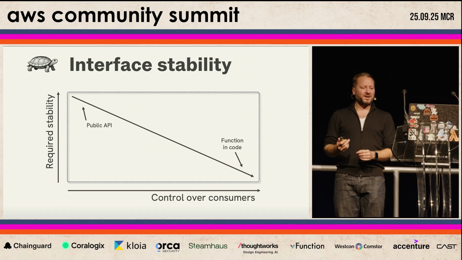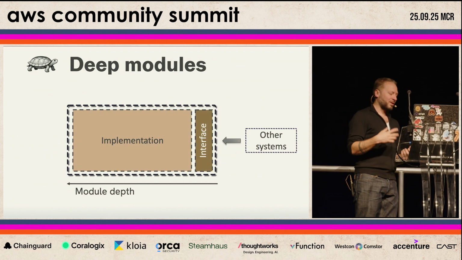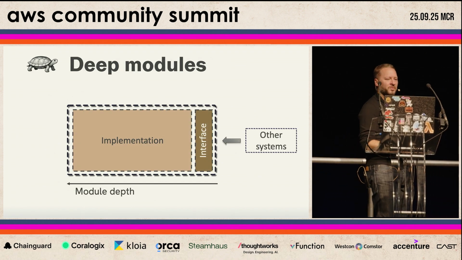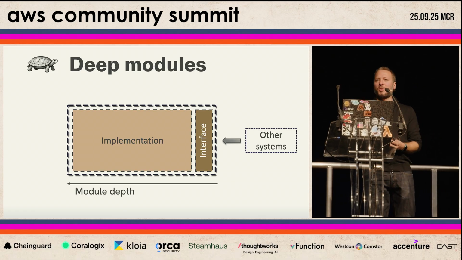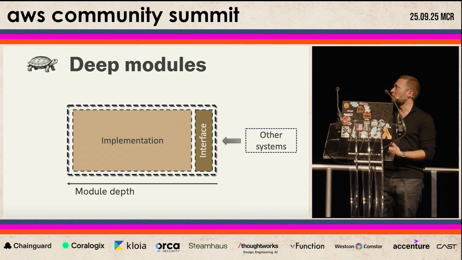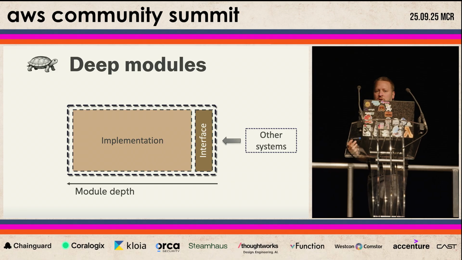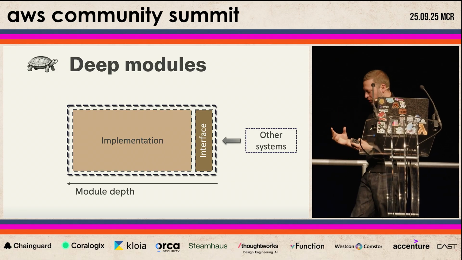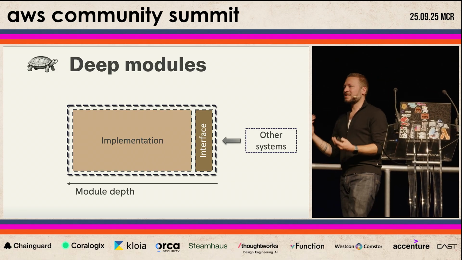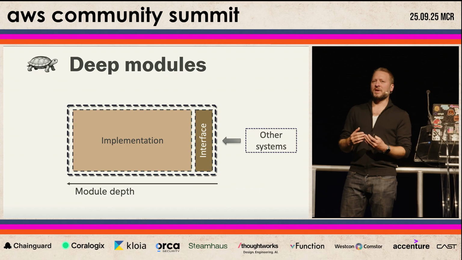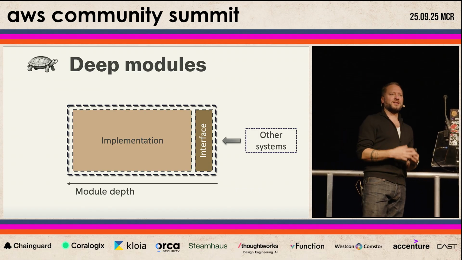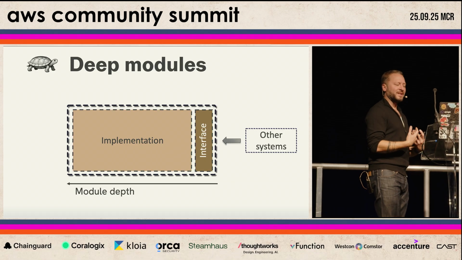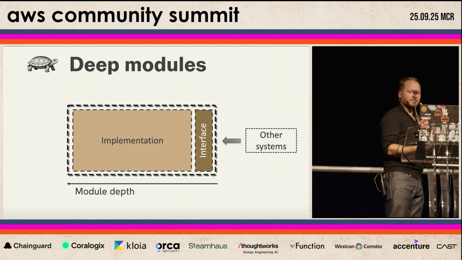Now, one last concept that I want to introduce about modules is the relationship between the interface and the implementation, and what makes a good module. So, a good module has a simple interface, an interface that you don't need to provide a lot of data to, that doesn't need a lot of detail or complexity.